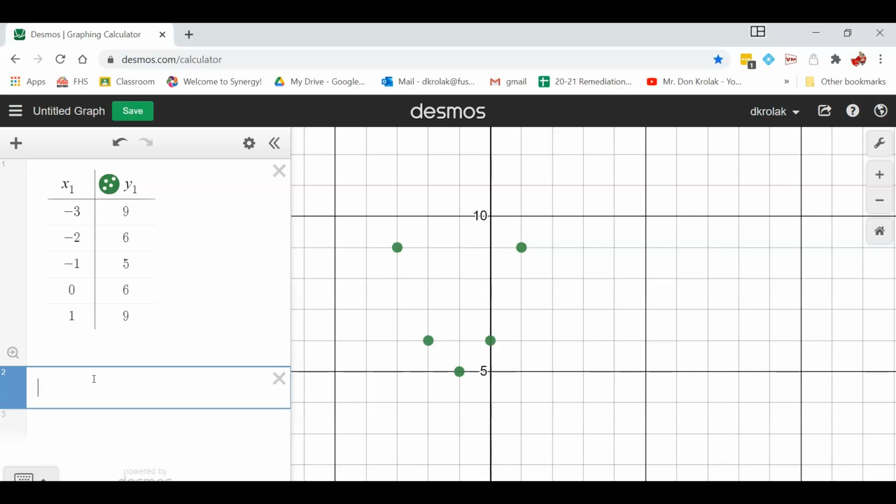Oh, it's down there. Okay. You know how last time you changed the window? It has to go up to like 18, just to see it, that's why you can't see it. You can graph it.